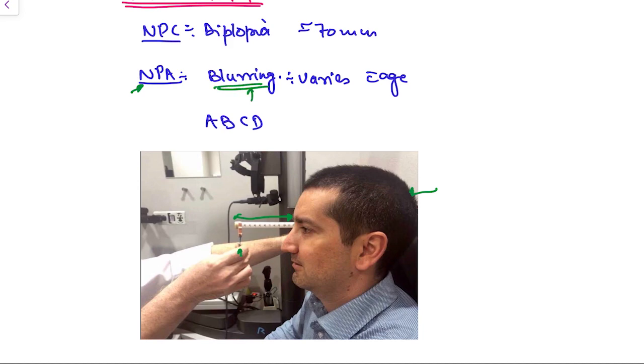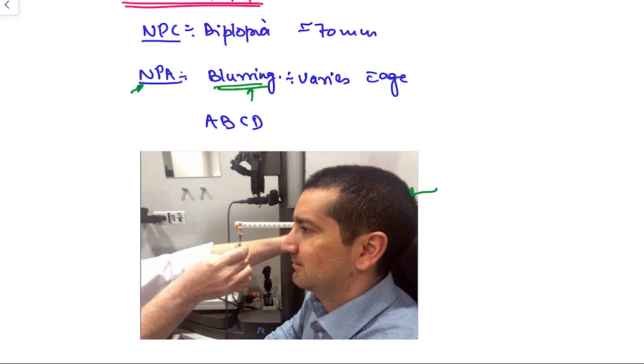Now this object is moving toward the patient like this, and for example at this point the patient starts experiencing blurring of the object. So this is the near point of accommodation.